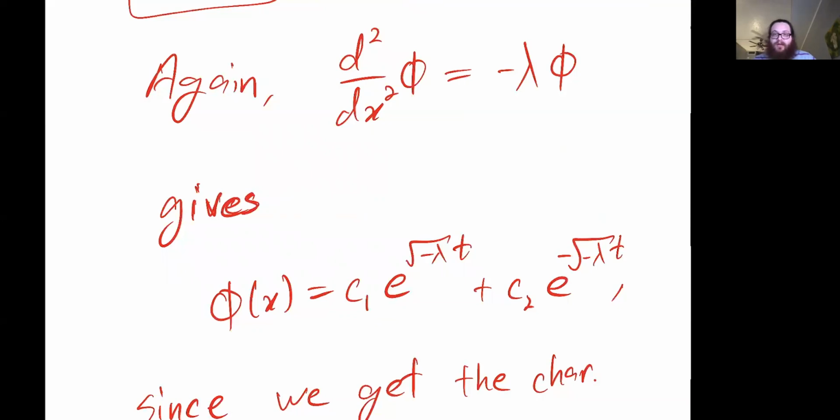I was saying we wanted the minus sign to avoid this messy root of minus lambda where minus lambda is actually positive. Here we have some constant times an exponential of a positive coefficient times t plus a different constant times an exponential of minus a positive constant times t.